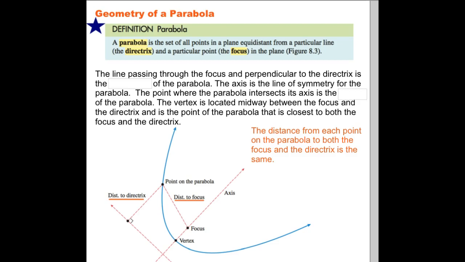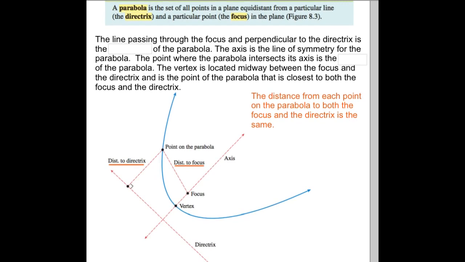The line passing through the focus and perpendicular to the directrix is called the focal axis. We often referred to it as our line of symmetry when you were first studying parabolas a few years ago. So in our picture, this is our focal axis, or our line of symmetry.